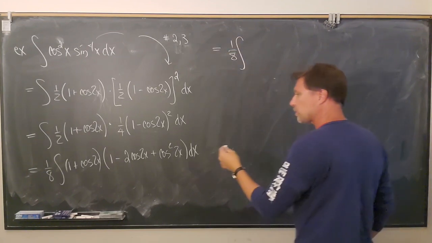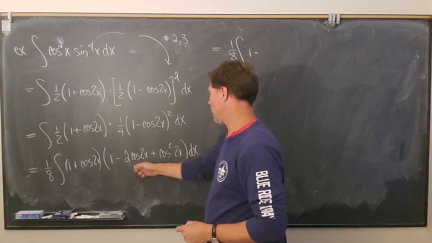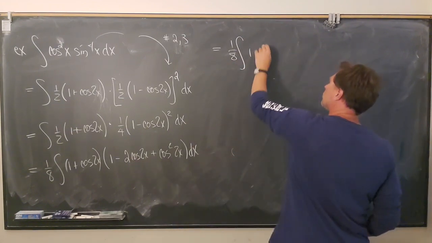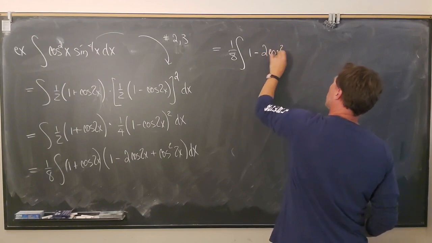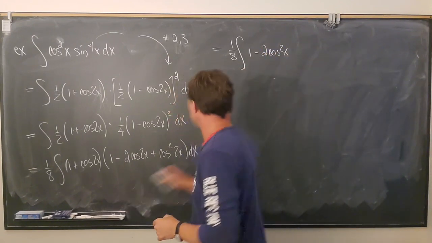So let's see, if I multiply this out, we're going to have a 1 minus 2 cosine 2x. Oh, 2 cosine 2x, not squared.